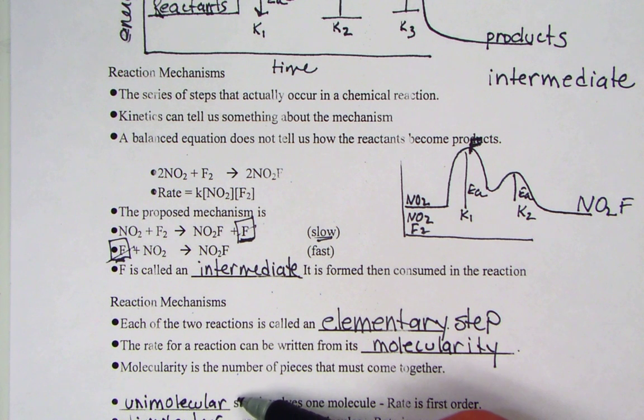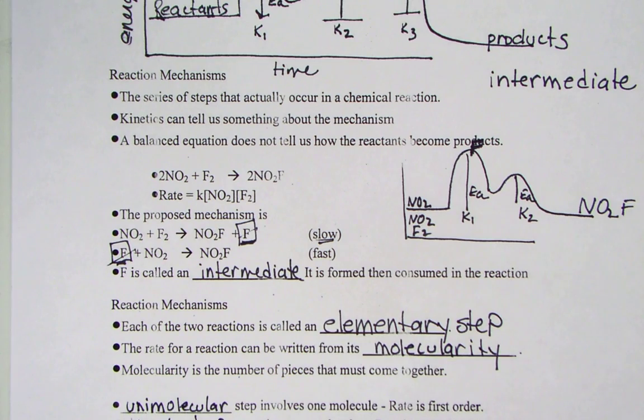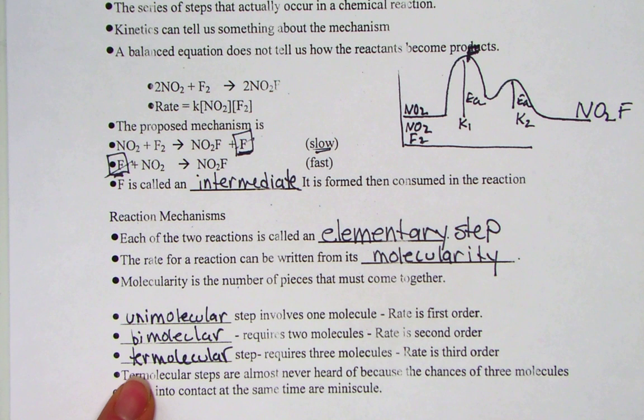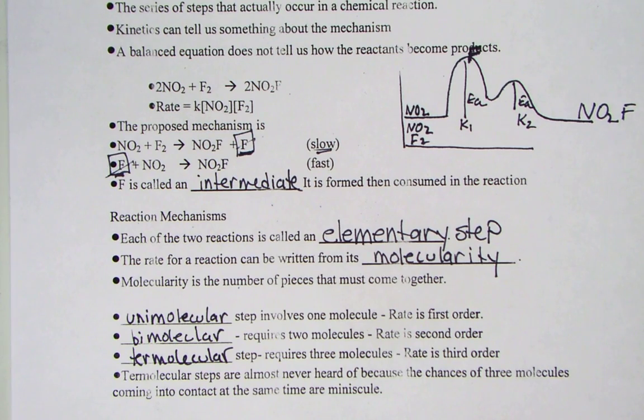Unimolecular is a single molecule rearranging itself. Bimolecular is when a molecule of one thing, second molecule of a new thing collide together, giving us a bimolecular. That's very readily available. But if I want to predict a termolecular, three things colliding, I think it's not going to happen. It's just unheard of that chances of three things being successful in colliding is minuscule.